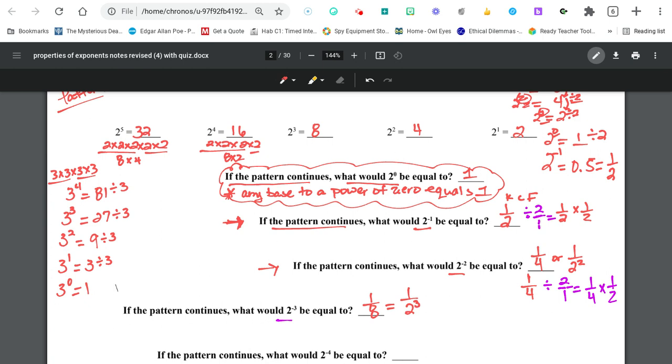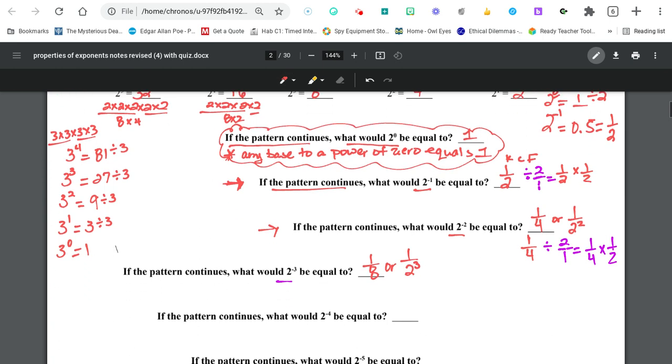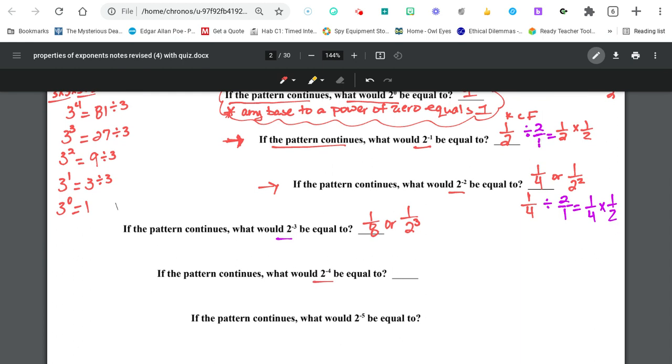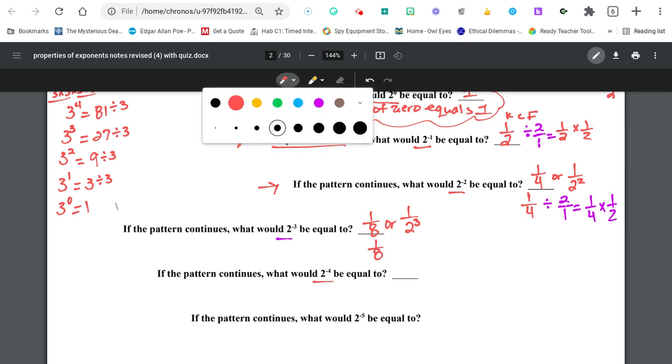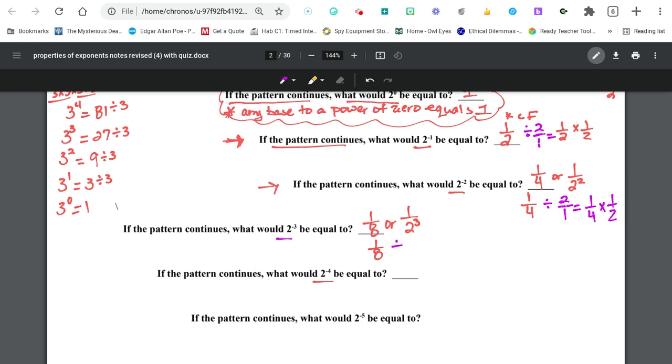Okay, so watch what I'm doing. I'm going to use the word or. All right, if the pattern continues, what would 2 to the negative fourth power be? So I am going to take 1/8 and divide it by my base. My base is 2 again.